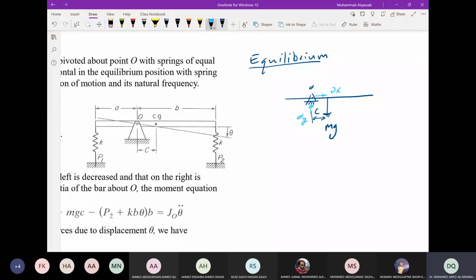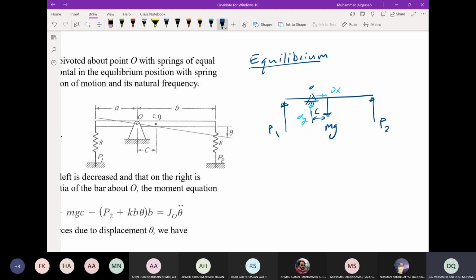And we have the forces P1 and P2 from the springs. For equilibrium, you can assume that both springs are under compression, so it means that the force P1 will be upward and P2 is also going to be upward.